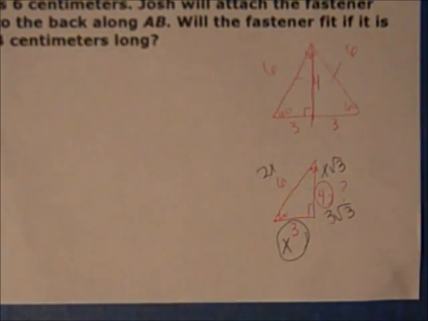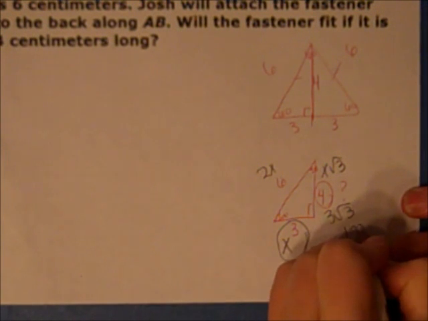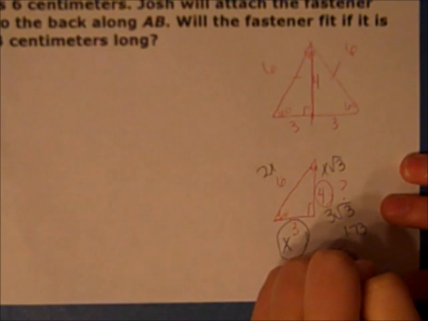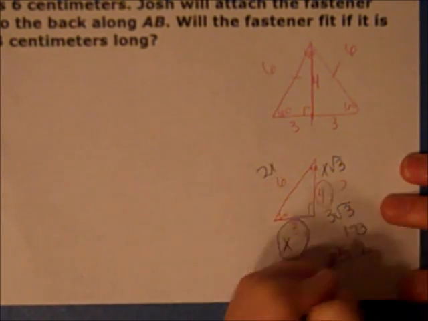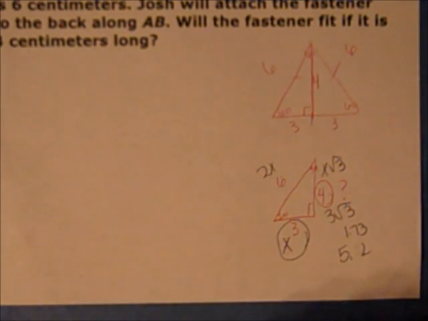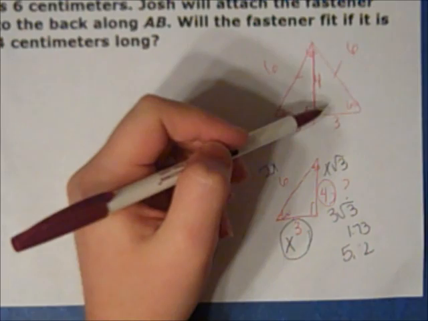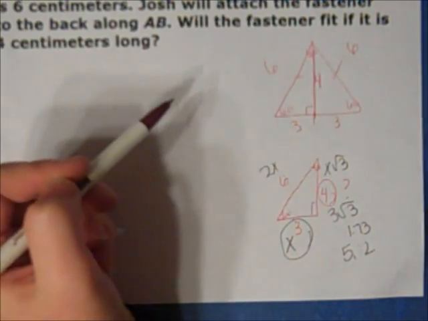So let's just go type that into our calculator. The square root of 3 is 1.73 times 3. That is 5.2. Okay, so here now we figured out that the height of this thing from top to bottom is 5.2. So what we need to ask is, will the fastener fit?